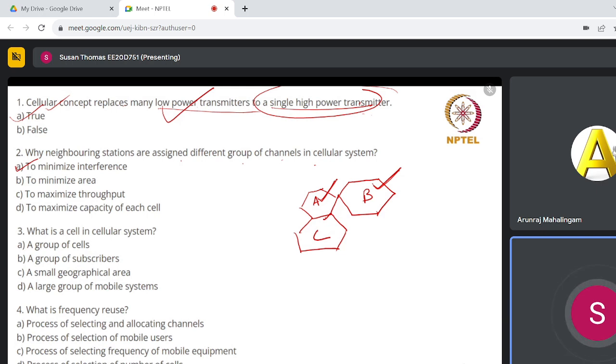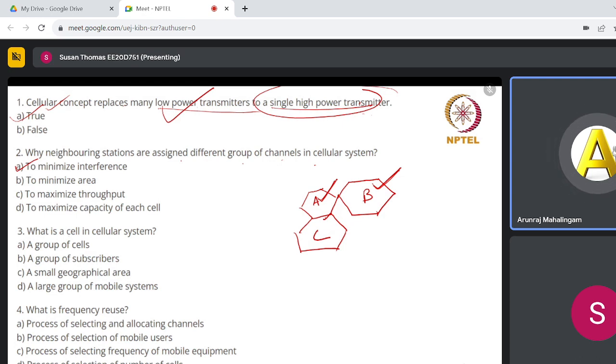Now the next question, what is a cell in a cellular system? A group of subscribers, a small geographical area, a large group of mobile systems. Madam, cell means the base station only, no?